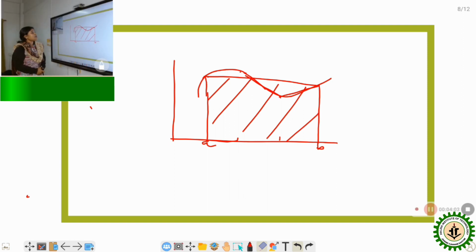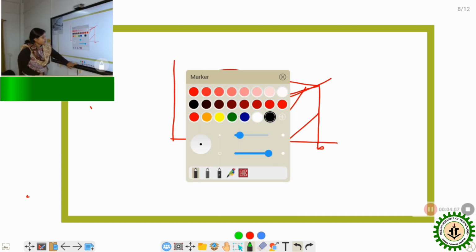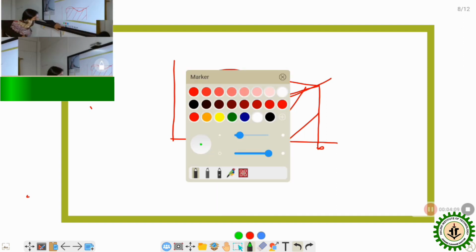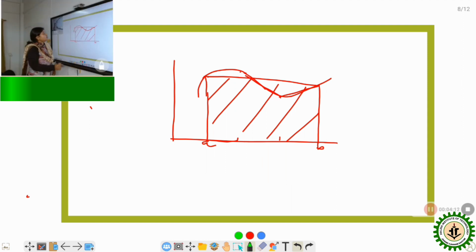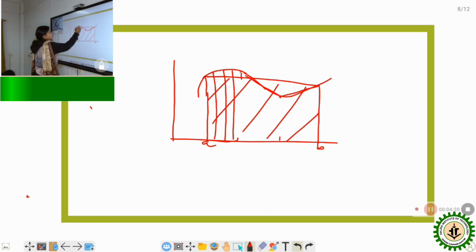Suppose now I want to get the area with many subintervals. Suppose I am dividing into 10 subintervals like this. What do we do then? We are approximating this much portion by using a straight line.